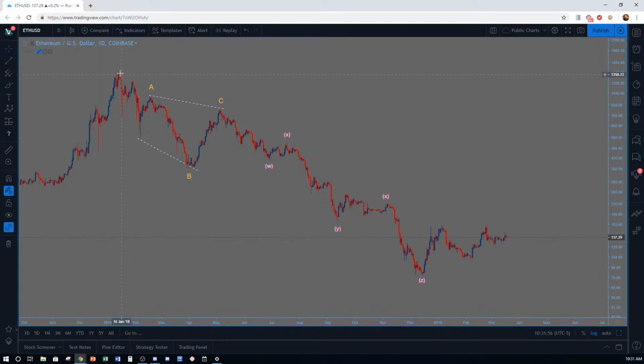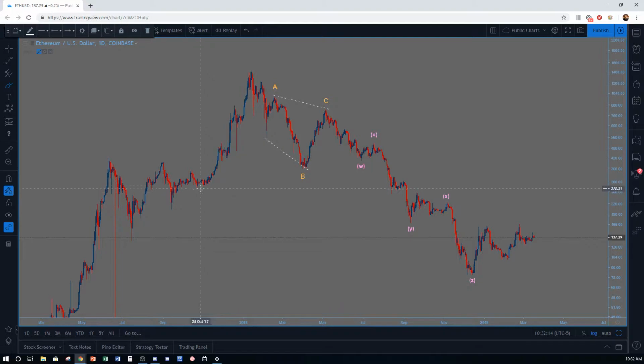And of note is that this is our first lower low right here. After we made the high, we had a low, a lower high, and a lower low. That's our first lower low in a long time. So that's your market structure break right there.